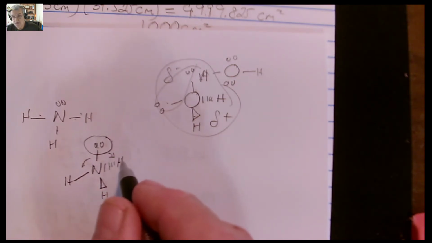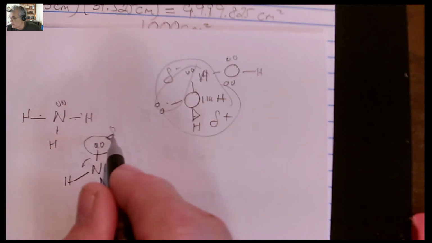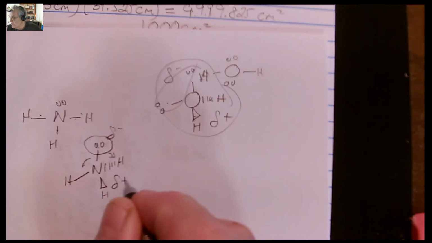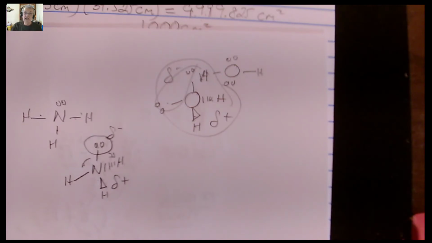And so this would be a polar molecule because it would develop a slight negative charge on this end and a slight positive charge on that end. And guess what? Hydrogen bound to nitrogen bound to hydrogen can participate in hydrogen bonding as well. Okay? If something is completely symmetric around it, then it's not going to end up developing a charge. So that's one of the things to look at.